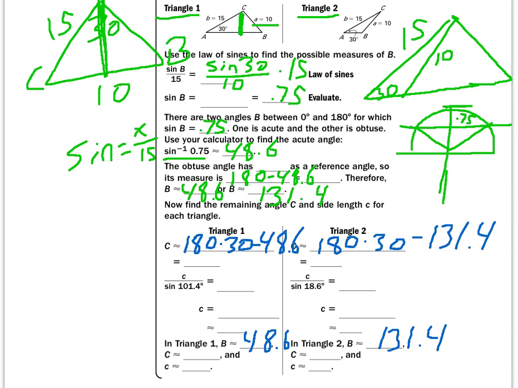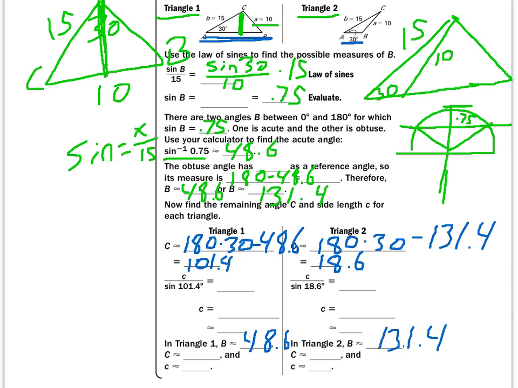So that's going to be my big C. Big C is either 101.4 on one of the triangles or 18.6 on the other triangle. So you see how big C is going to change, and obviously when big C changes, little c changes. You know, if you look up here, little c is either small or it's really big. So we have a choice there.